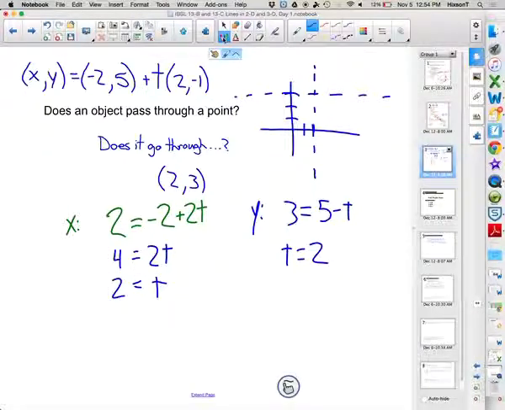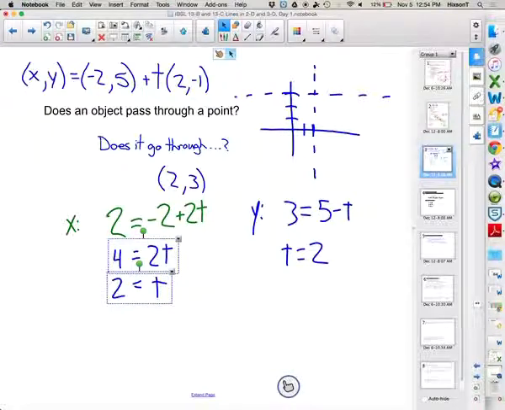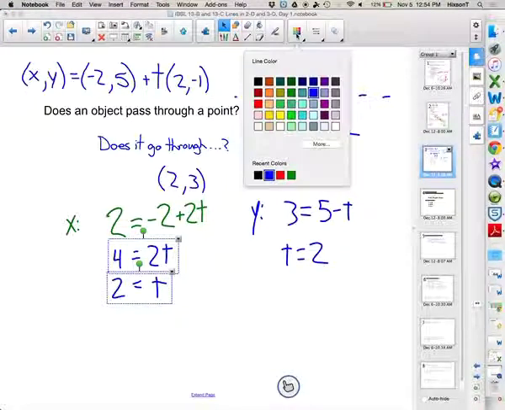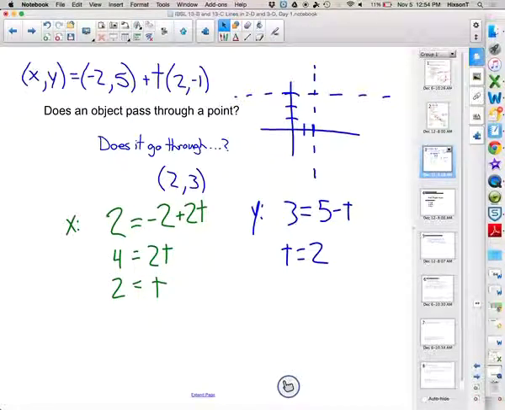So, yes, it does go through that point. Any questions about that? Okay.